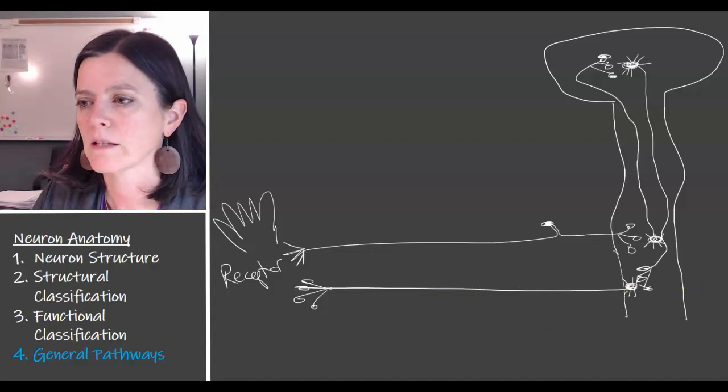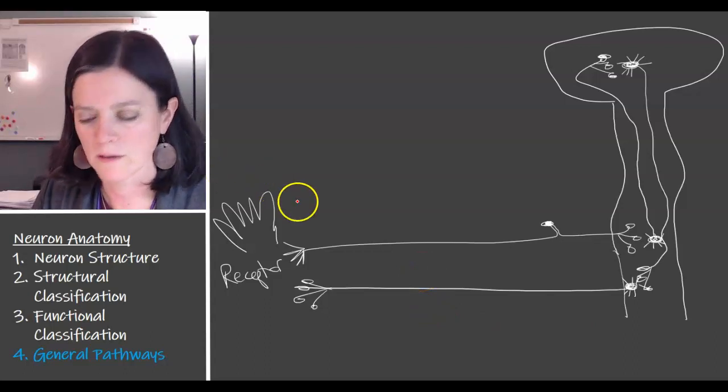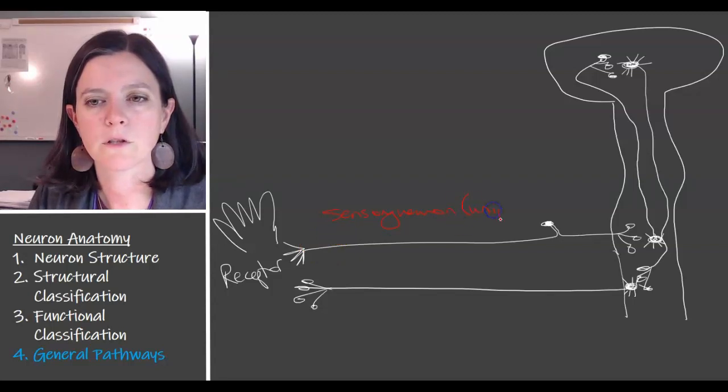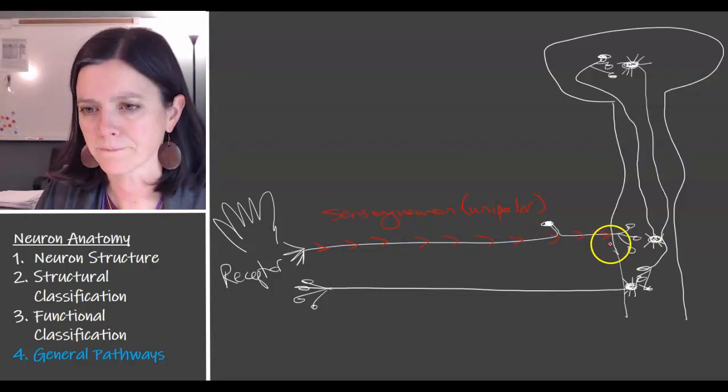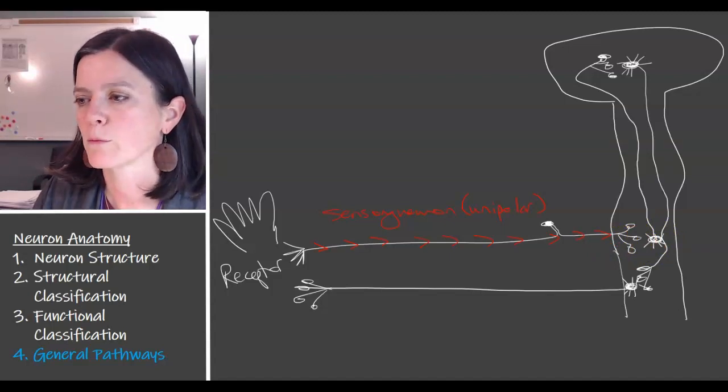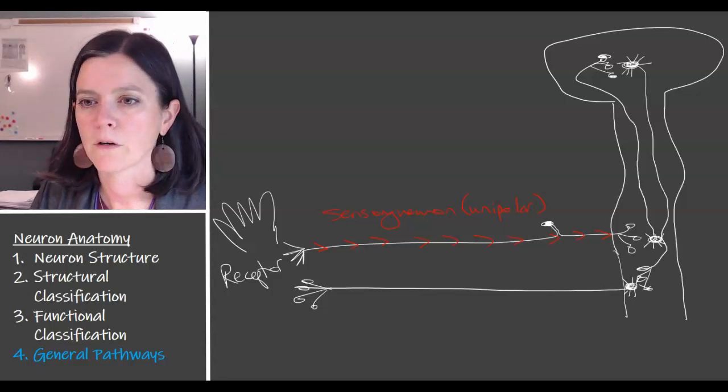Let's switch to red because we've touched something hot. So this is our sensory neuron, and we said it was unipolar. That means that action potentials, sensory input, are coming in along this sensory neuron. Now, once we get to that point, we're going to switch to our interneurons.